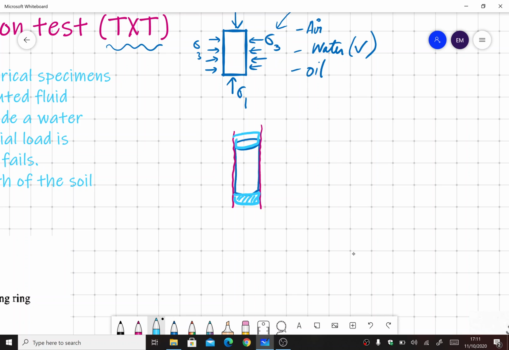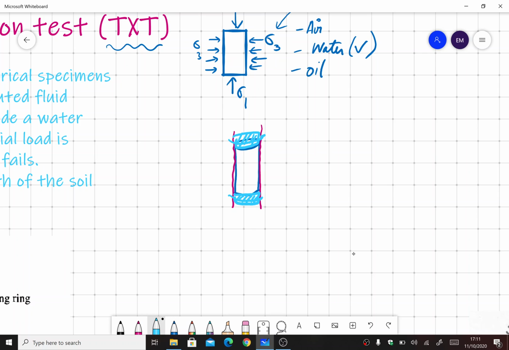The purpose of the porous stones is to transfer the applied load uniformly throughout the soil specimen. We will tie the rubber membrane outside, so this ensures that our soil sample does not come in contact with the water that we are applying from the sides.